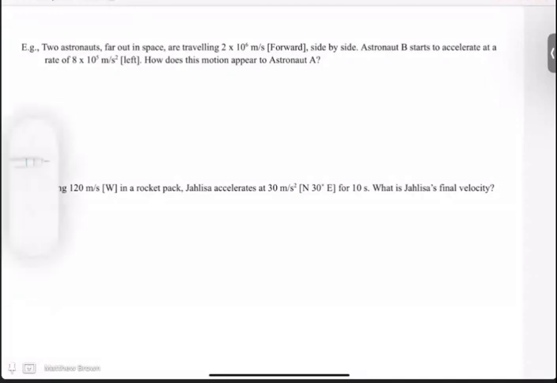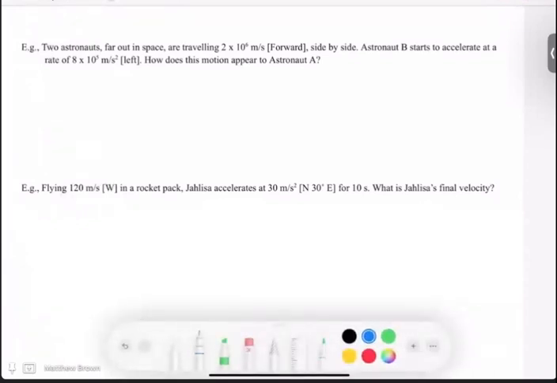So just for something to look at, we can say they're going forward, whatever that is. So B goes to plus. I would situate this something like this. We've got astronaut A, and right beside we've got astronaut B. They're going through space together, same velocity here, 2 times 10 to the 6.